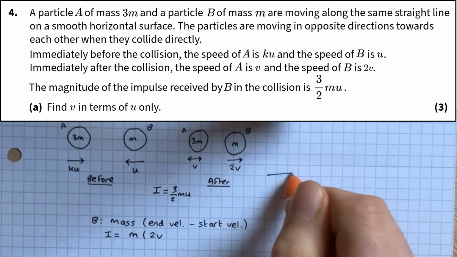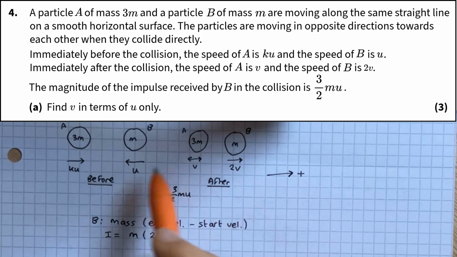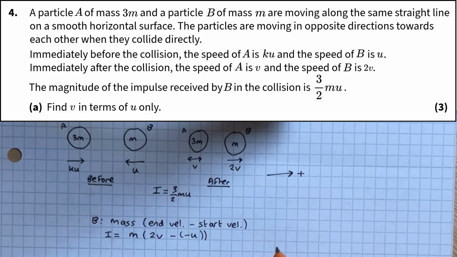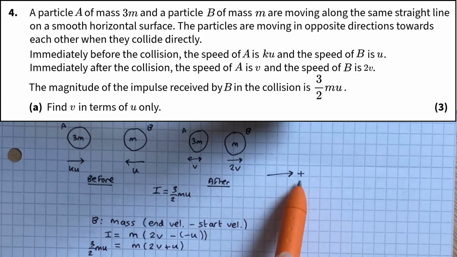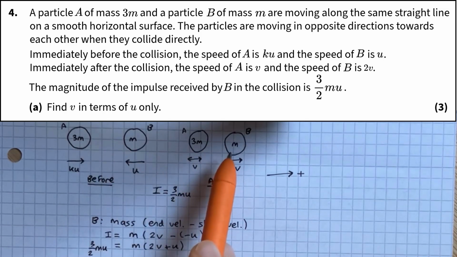And I haven't drawn my arrow, but I always assume it to be positive going towards the right. And the start velocity, well, it's the opposite of what the arrow says. So the start velocity will be minus u. This is going to be equal to m(2v + u). And the impulse is given in the question, so we know this is 3/2 mu. And it's positive because the particle is hitting B, pushing it to the right.